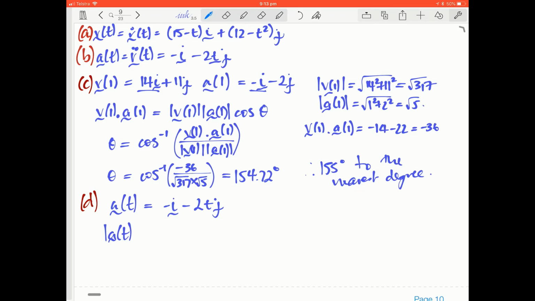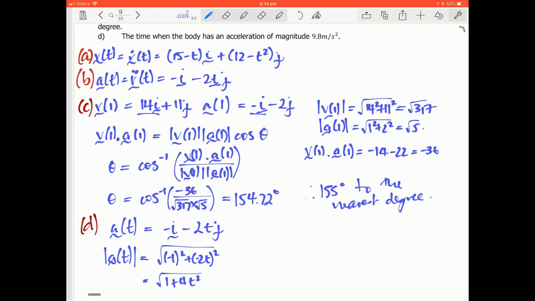So our magnitude of acceleration is given by the square root of negative 1 squared plus negative 2t squared, which is the square root of 1 plus 4t squared. And we want to know when that is 9.8 meters per second squared. So we say root 1 plus 4t squared equals 9.8.